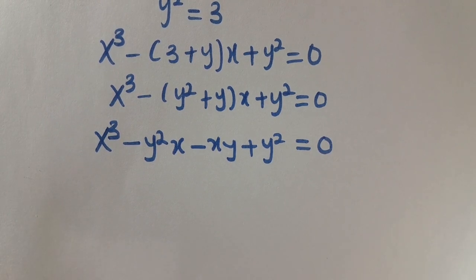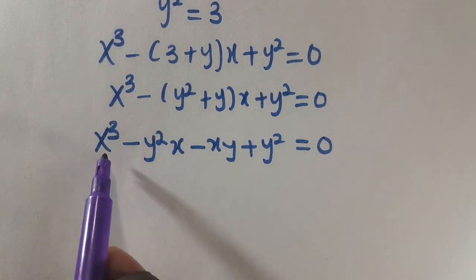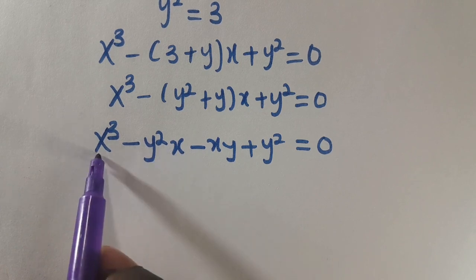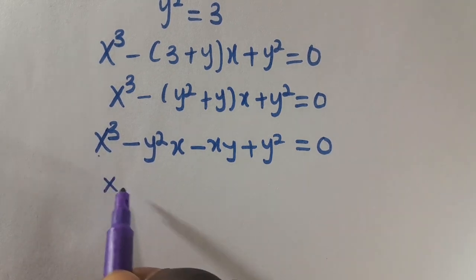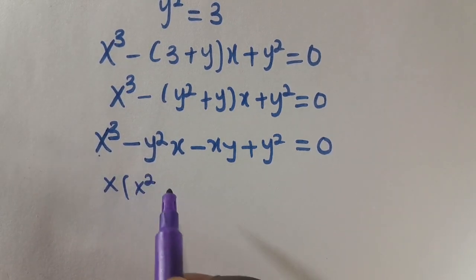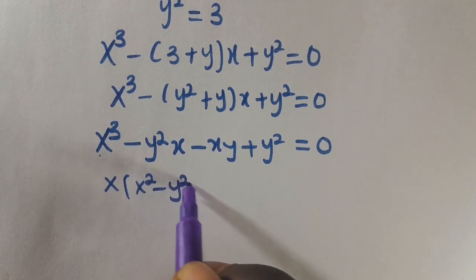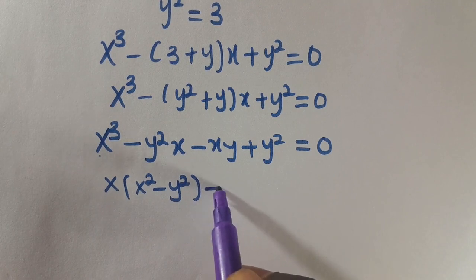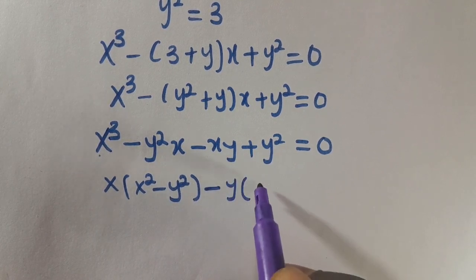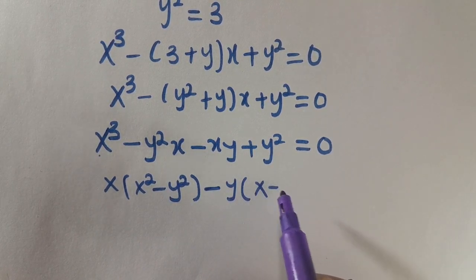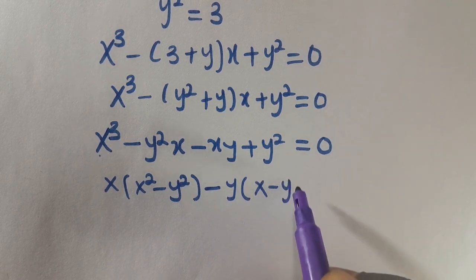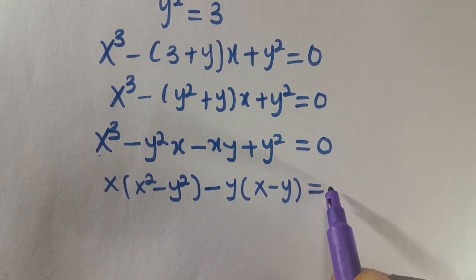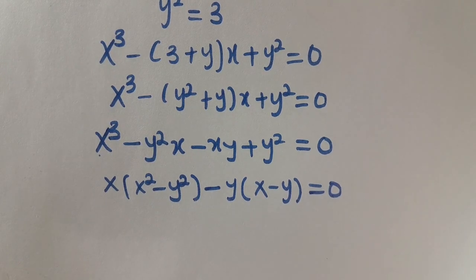So from here, we can see that something is common between this and this, which is x into (x squared minus y squared). And likewise from here, we have y to be common. We have y into (x minus y). We have everything equal to 0.